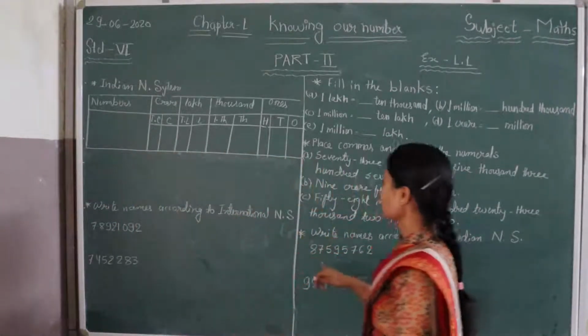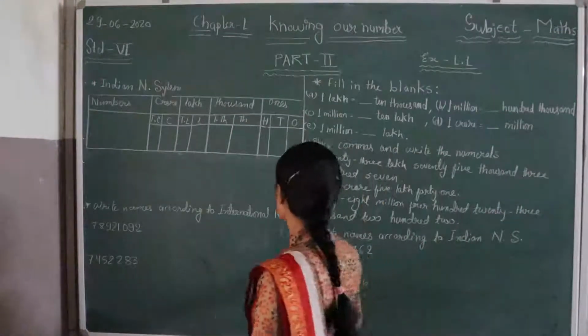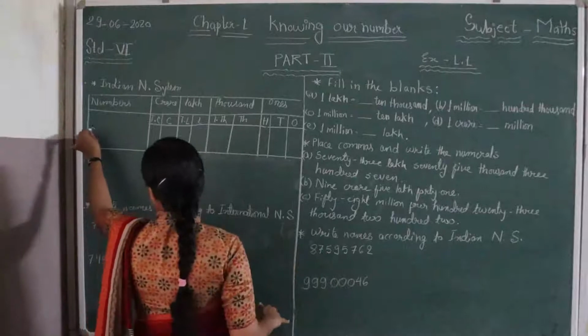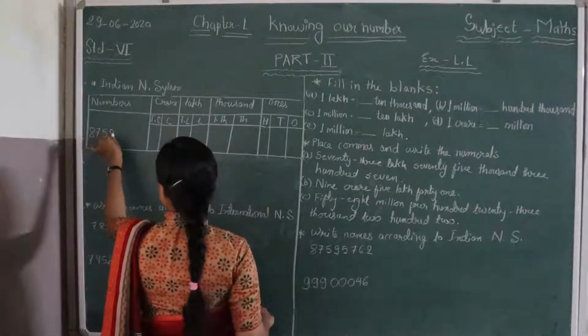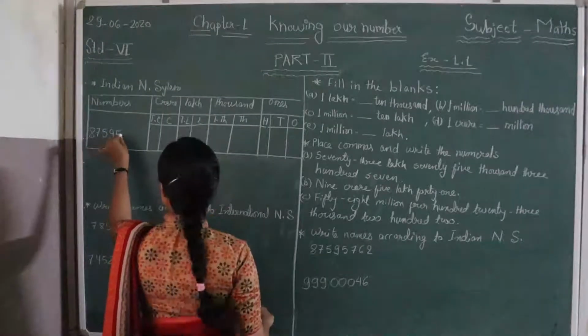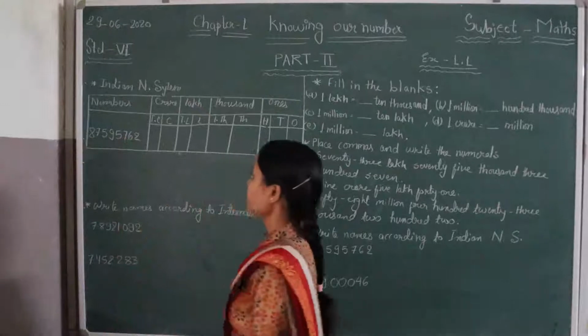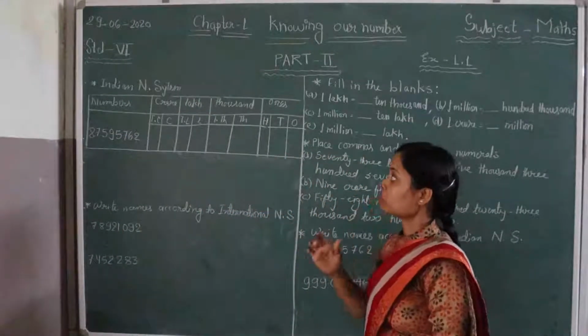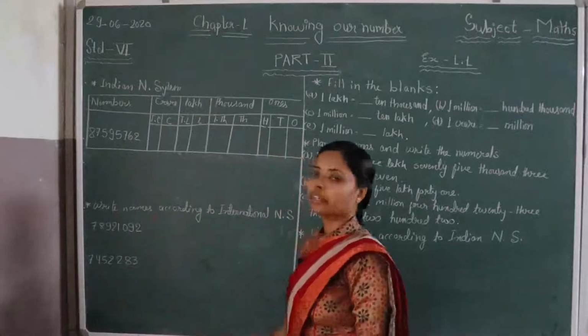So look at here. Firstly, we will take an Indian number system number: 8, 7, 5, 9, 5, 7, 6, 2. Here, firstly we place the commas in this number.